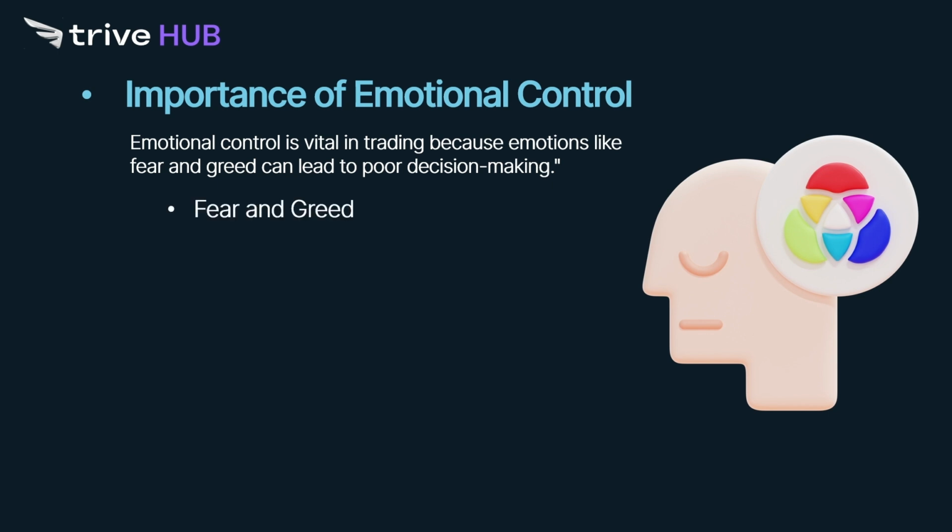Fear can cause you to exit trades prematurely or avoid taking trades altogether, while greed can lead to overtrading and taking excessive risks. For example, imagine closing a profitable trade too early because of fear of loss, missing out on potential gains.